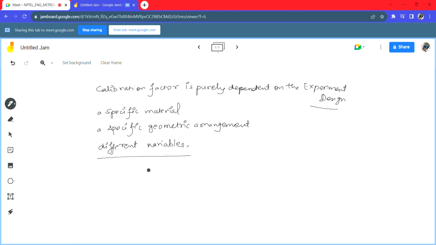So either of these being changed, the calibration factor will change. It will not remain the same for all the cases.